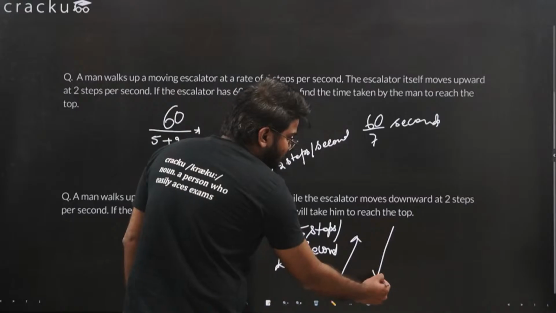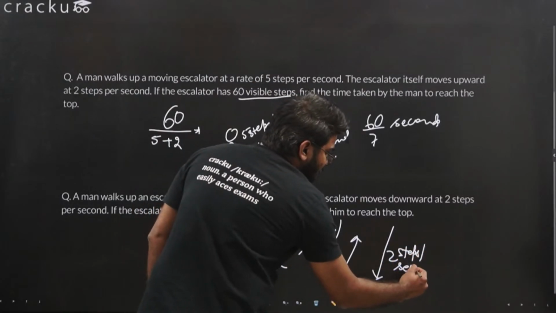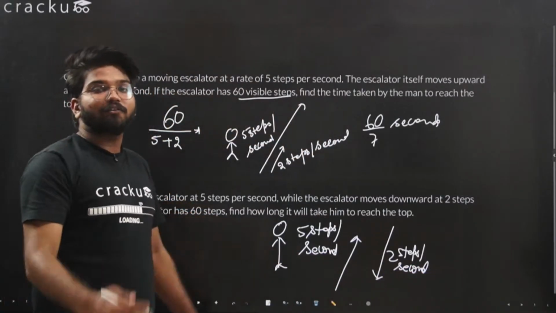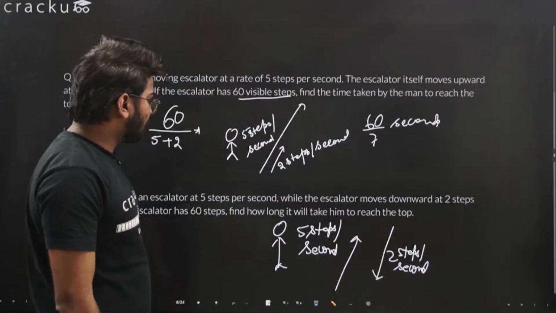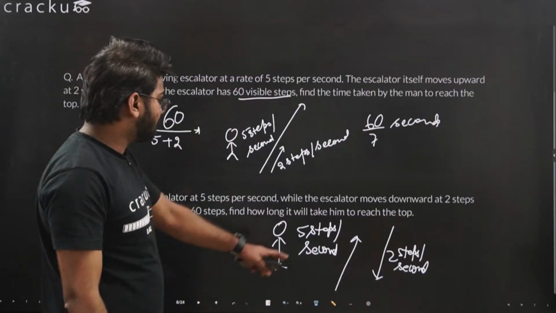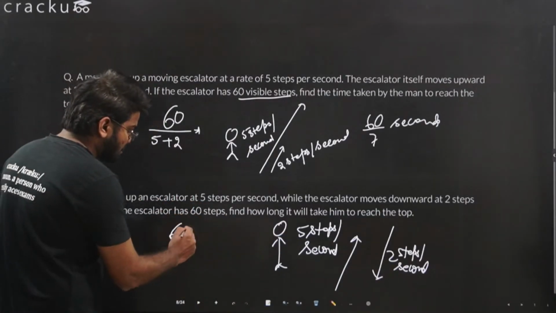Escalator is moving down at 2 steps per second. Now remember that the person's speed is higher, so it can cover positive distance even if the escalator is moving in the opposite direction. Now again, the escalator has 60 steps.